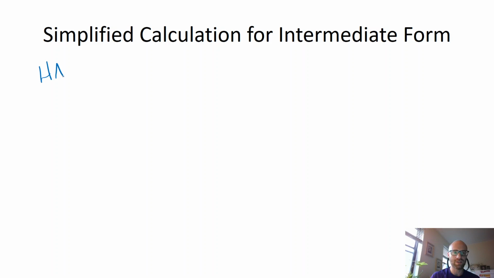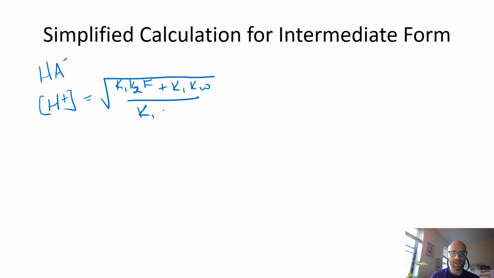If you're starting with HA minus, we have our intermediate form for a diprotic acid where we know that H plus is equal to K1 K2 F plus K1 KW over K1 plus F. But I think it's really obnoxious to type this all into your calculator for something where you're just trying to figure out quickly what the pH is in terms of setting up the equations that you want to use.